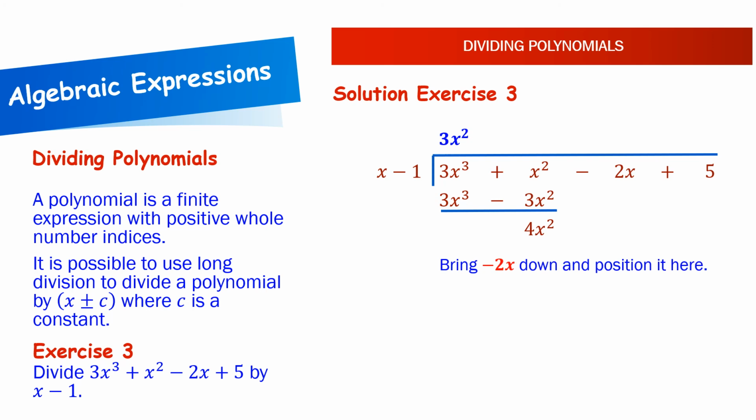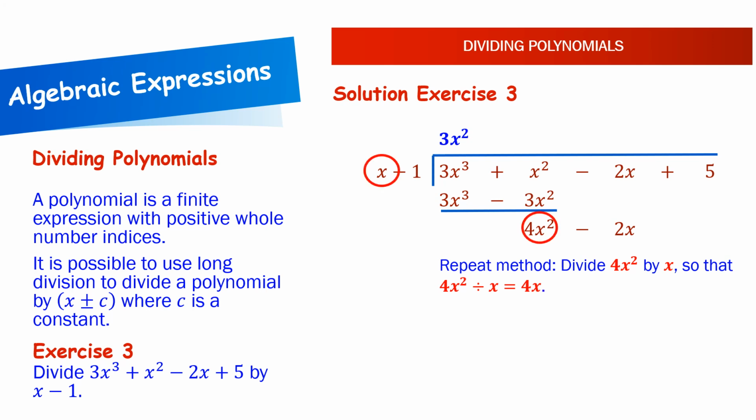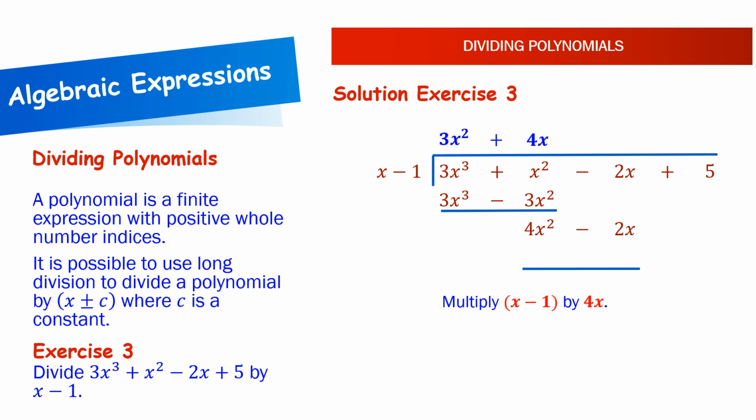And bring the minus 2x down and position it here. Then repeat the method. Divide 4x squared by x to give 4x. Position the 4x here and then multiply by x minus 1.